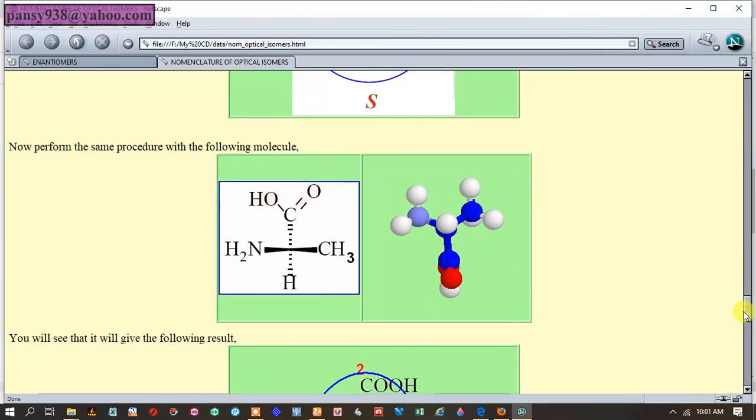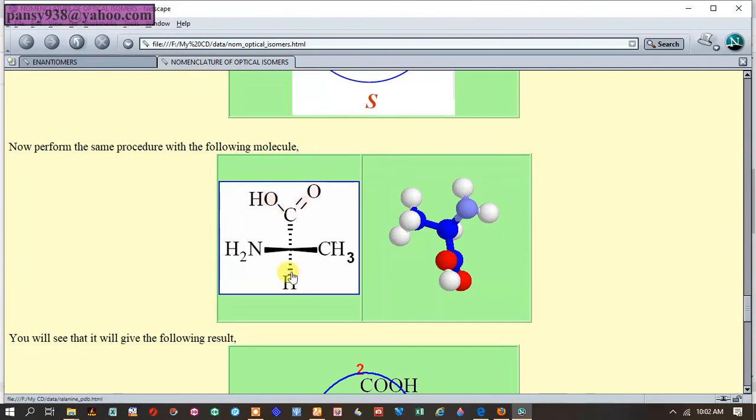Now perform the same procedure with the following different molecule with different stereochemistry. Again, the molecule is alanine or 2-amino propanoic acid. But in this case, you see that when we put the lowest ranking hydrogen at the back side, then again carbon and carbon.